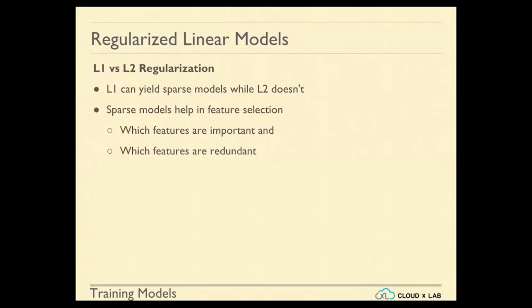Sometimes we want to figure out which features are important and which are redundant. In those cases, L1 is generally better, but as a thumb rule, we'll mostly be using the mean squared error.